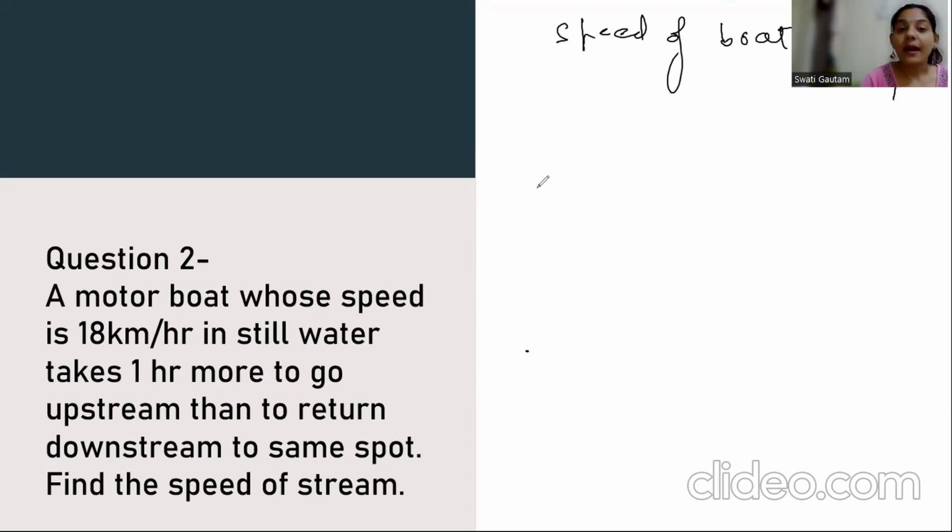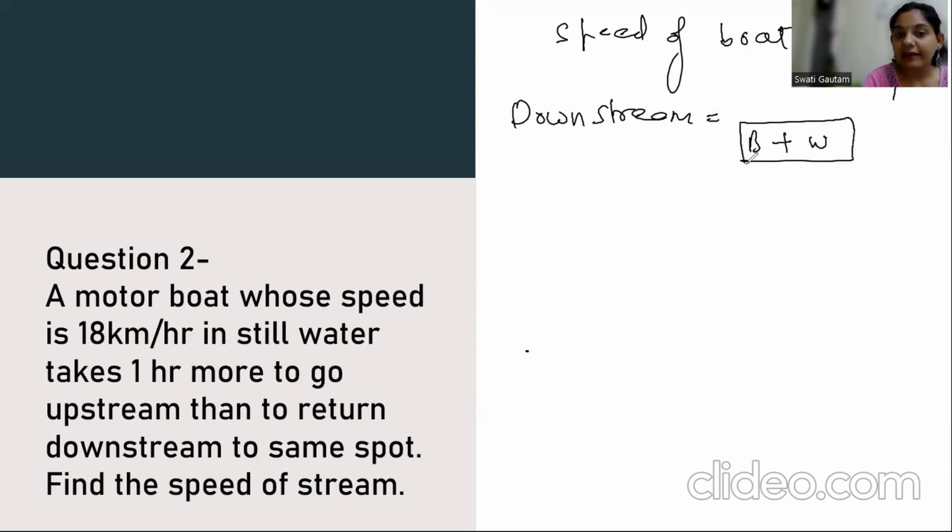So the boat is going upstream and the boat is going downstream. When you are talking about downstream, it means the boat and water are in the same direction, so the speed of the boat and the speed of the water get added.